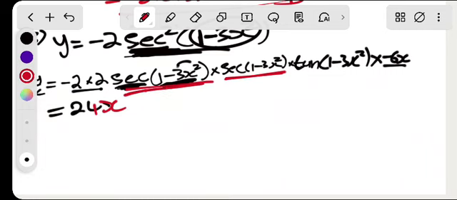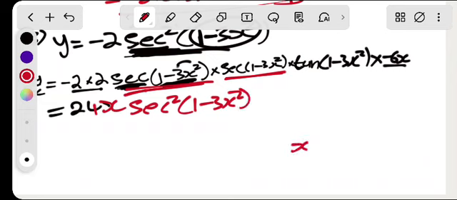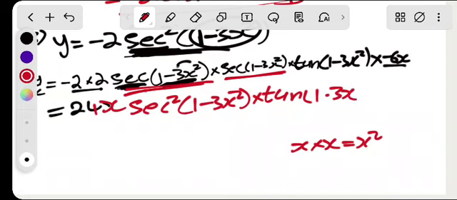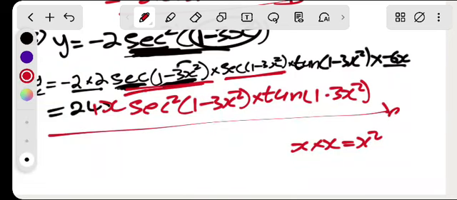If we multiply, this will be simply equal to sec squared of 1 minus 3x squared. Remember, x multiplied by x will be x squared. So those things are the same. Multiply by our tan of 1 minus 3x raised to the power of 2, like this. This is what we have so far.